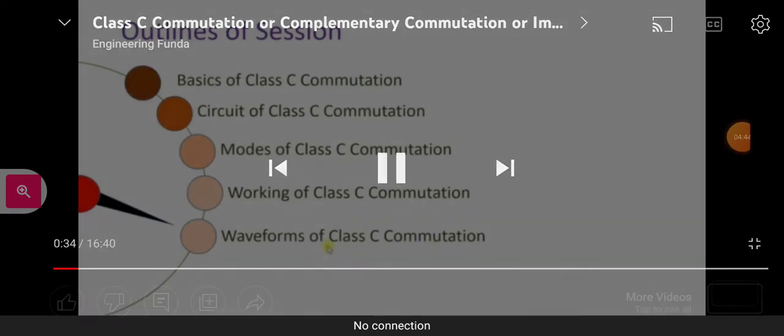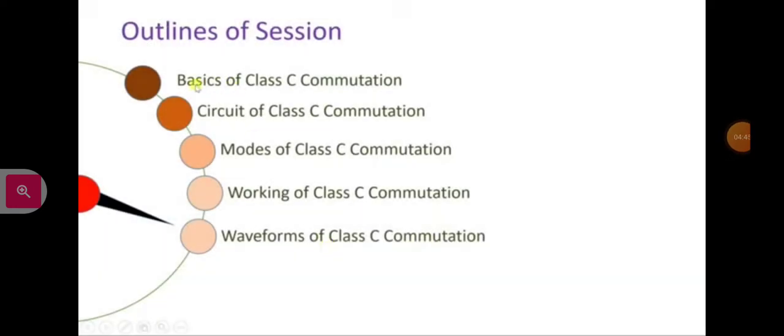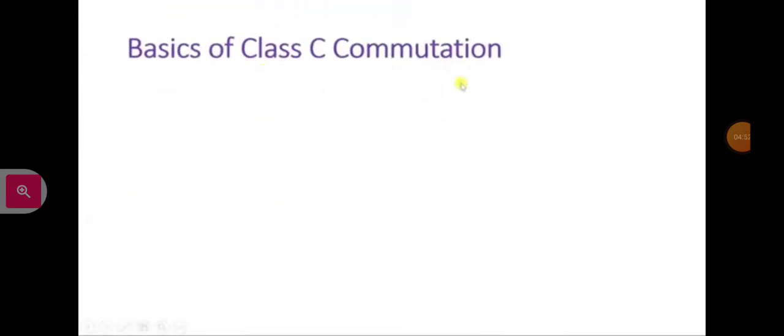So let us begin this session with the first agenda, that is basics of class C commutation. When we talk about class C commutation, it is also referred to as impulse commutation. Why is it referred to as impulse commutation?